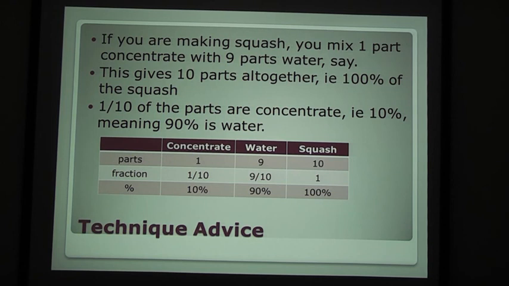So if you have concentrate, water, squash, parts, fraction, percentage, remembering the percentages, fractions and decimals we did earlier, this is why we did it. We've got the number of parts, it therefore works out the fraction that they are, and you can therefore work out the percentage that they are of a solution.